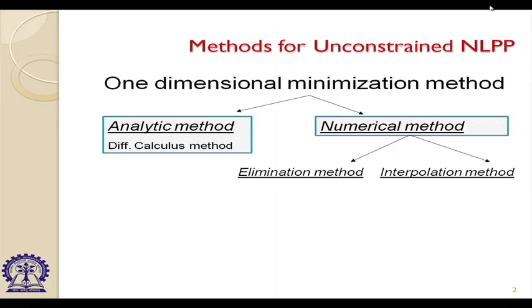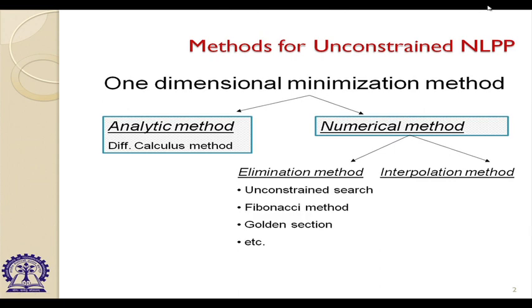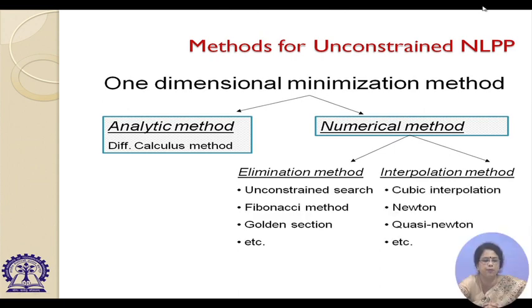That is why we have another set of methodologies, the numerical optimization, and next week I will discuss this. It can also be categorized into two parts: the region elimination techniques, and another set of methods, the interpolation methods. Interpolation methods are sometimes dependent on the differential calculus method, but in general numerical optimization is not always dependent on differential calculus.